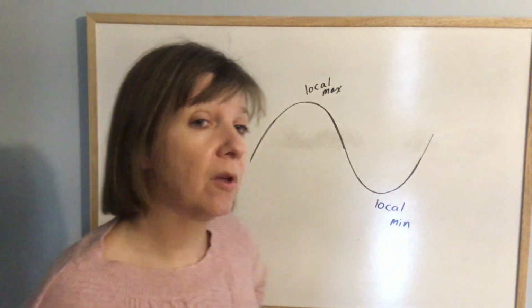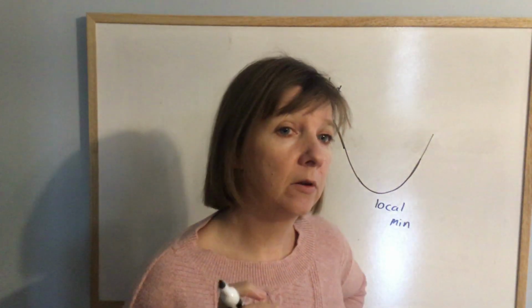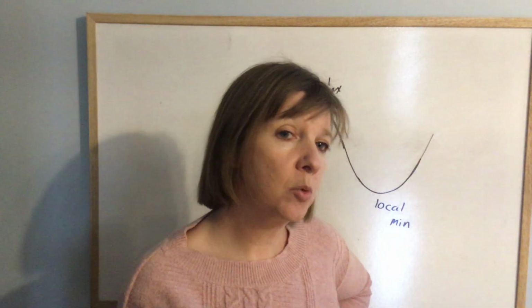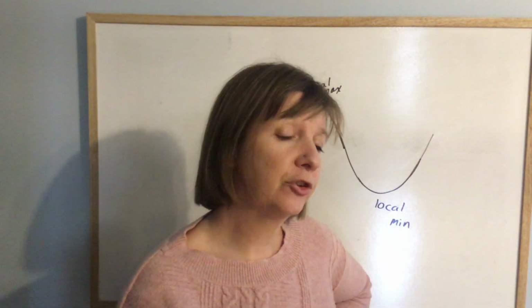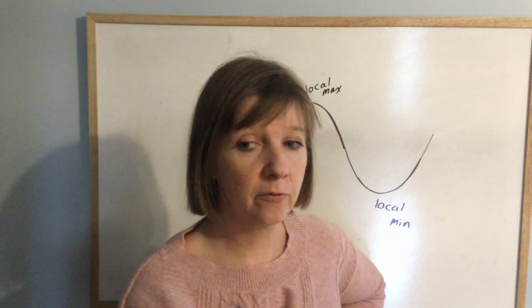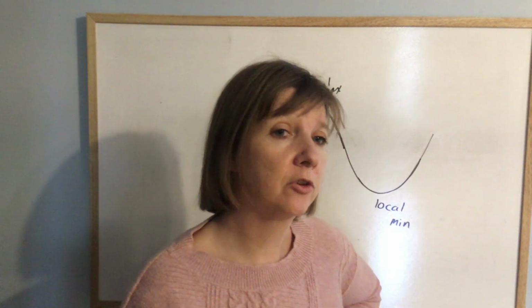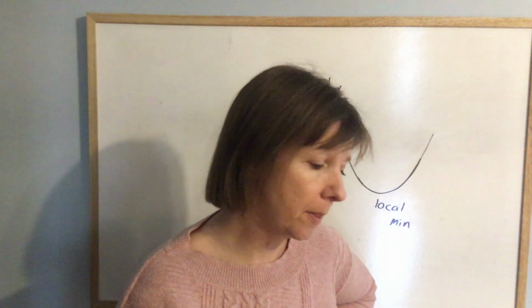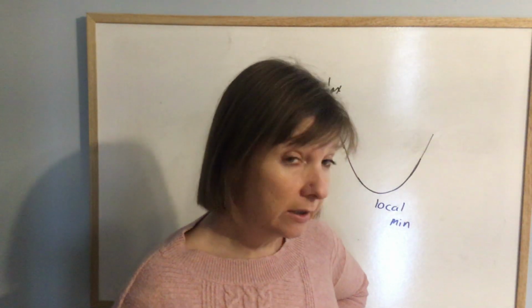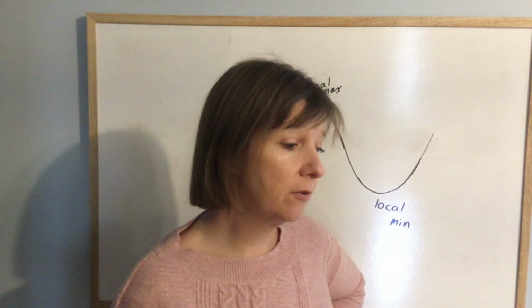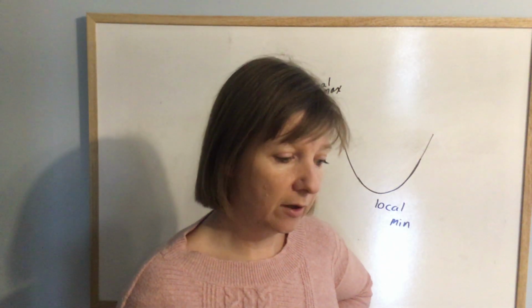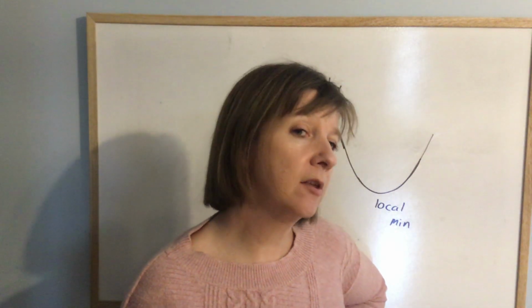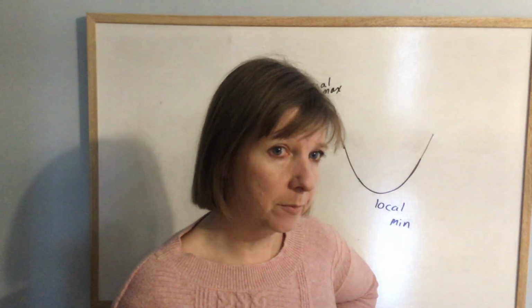Both of those are what we call critical numbers. They are numbers where something in the graph changes, from going in one direction to going in the other direction. That tells me a little bit about the shape of the graph. It gives me a good idea about sketching the graph, but it doesn't give me all the information.